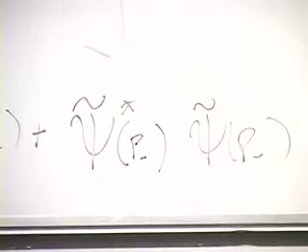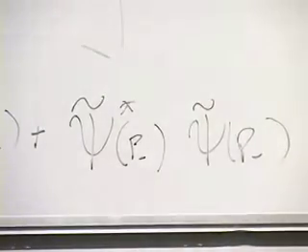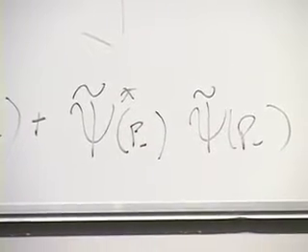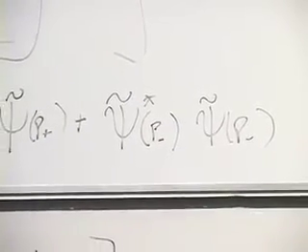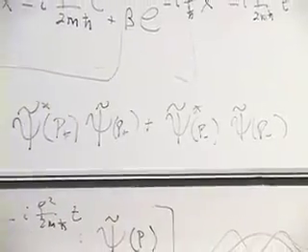Where p plus and p minus are just opposite values of the momentum, one going one way, one going the other way. All right, so that's the Schrodinger equation for a free particle.